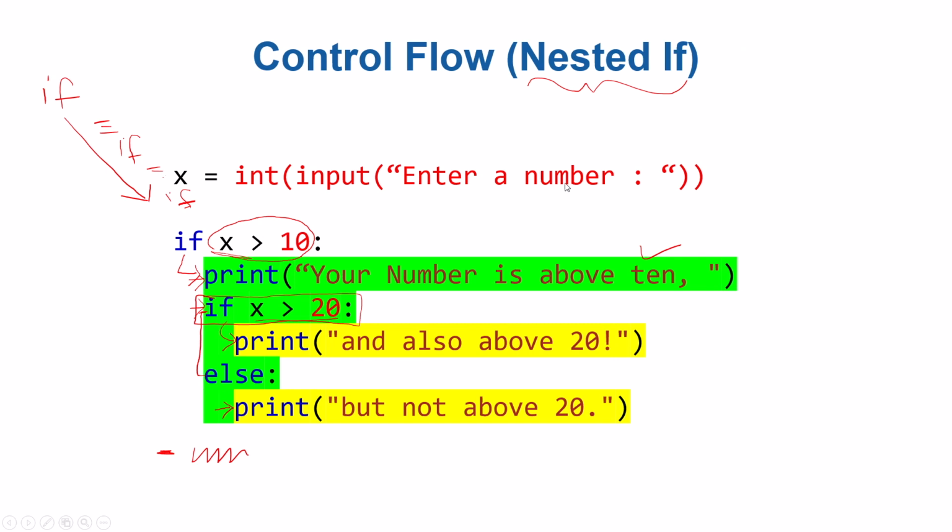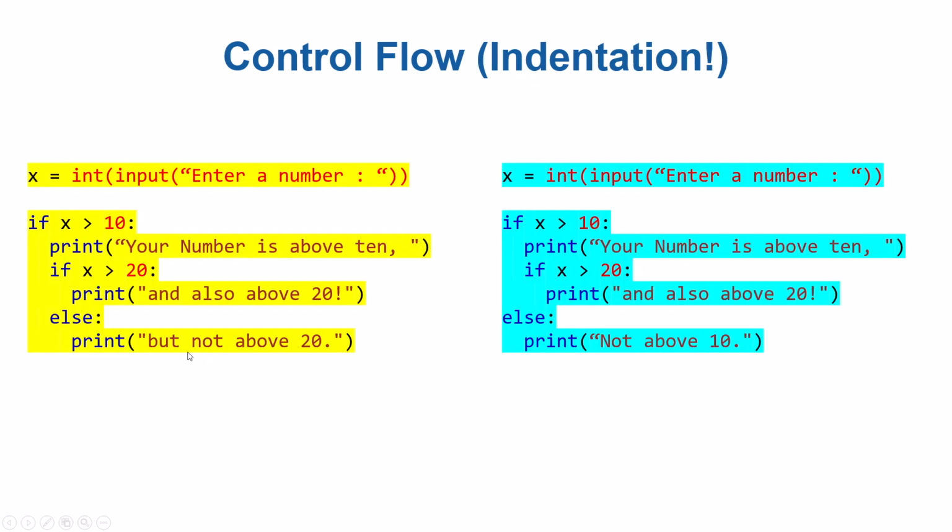One more thing that I have already told you, but let me tell you the power of indentation. You are here, for example, in this particular if condition. That's the if condition, and that's the nested if, and that's the else part of this if. If you move this else part in the indentation or alignment with this if, then this is the else part of this if, and this is not the else part of this if.